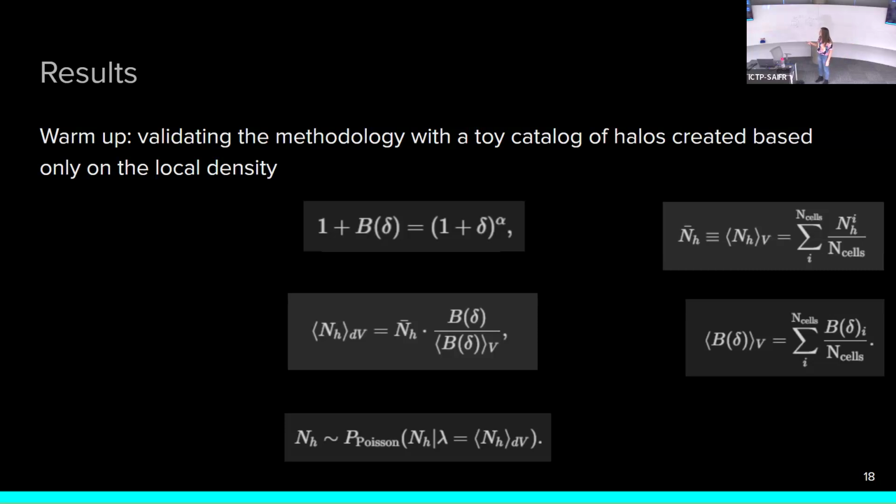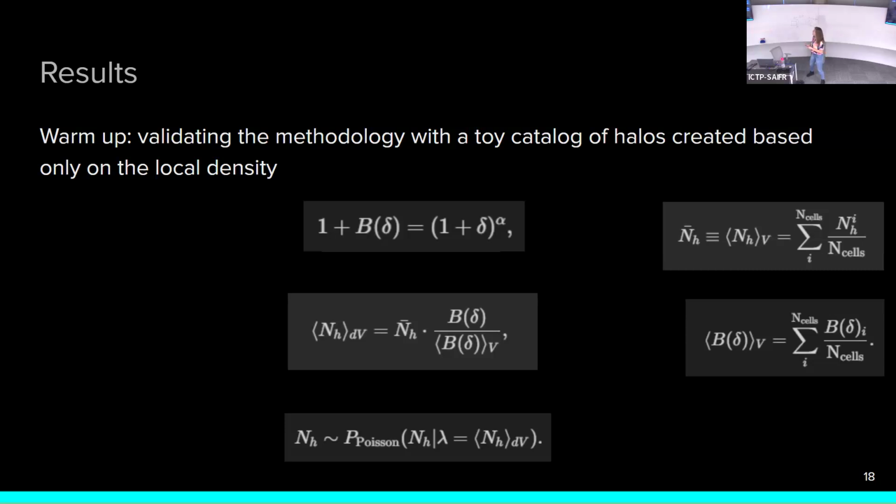This is a simple model because here our bias model is just a function of the total density. I take this density and then do 1 plus delta to the alpha. I can choose alpha, okay? So this is a bias model that I understand very well, and I know that it depends only on the local density.